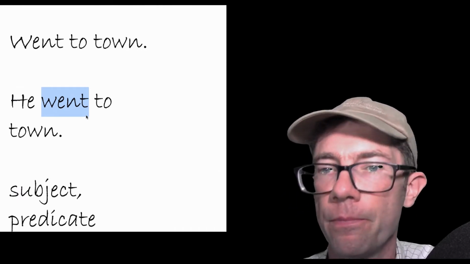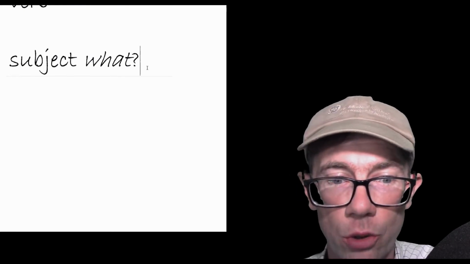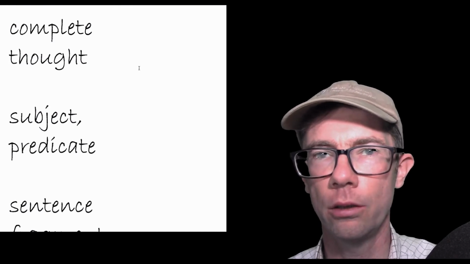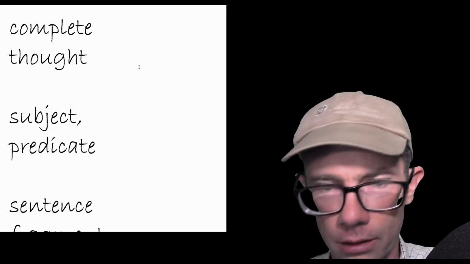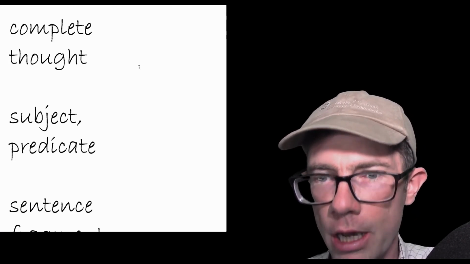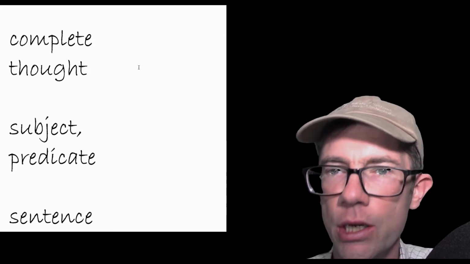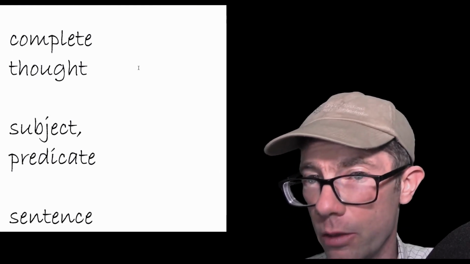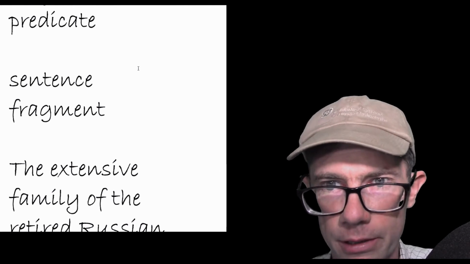The verb is went. We have done an awful lot in a short time, so let's briefly recap. First of all, at the heart of sentence diagramming is the sentence. What is a sentence? A sentence is a complete thought. We know what a complete thought is, a proper sentence is, just by how it feels. If it feels off, if it feels like something's missing, then we know it's a sentence fragment.